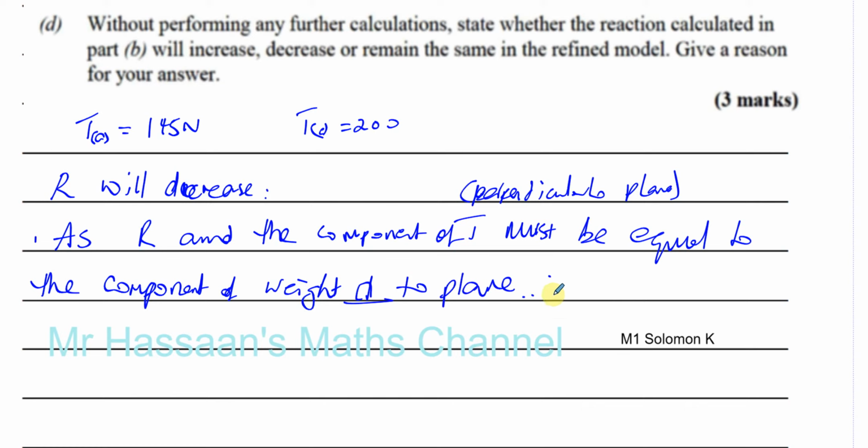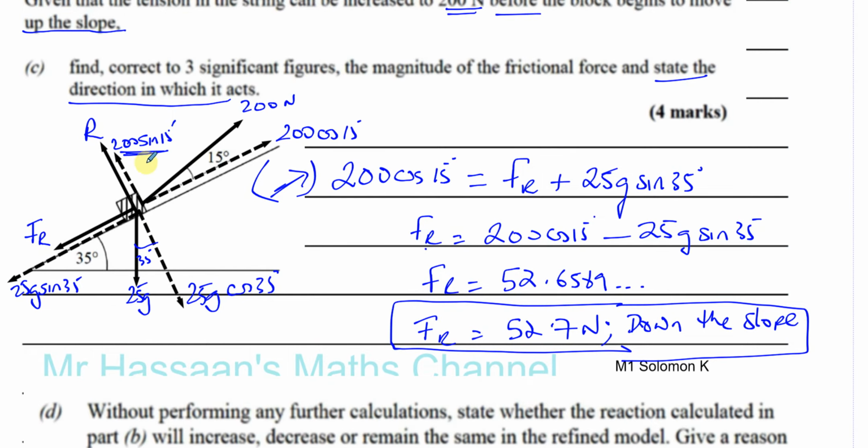Therefore, if T increases, R must decrease. Something like that is fine. It doesn't have to be a whole essay like I've written here, but this is fine. I hope you understand, because 200 sine 15 plus R must equal 25G cosine 35. If this gets more, then this has to get less because they have to add up to the same thing. So there's the answer to part D.